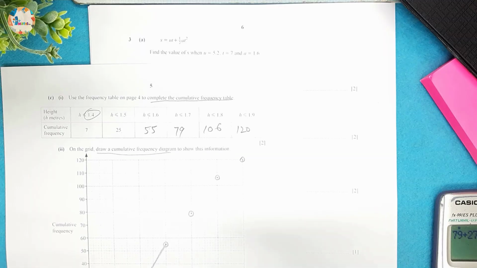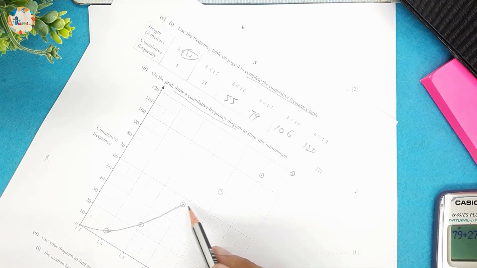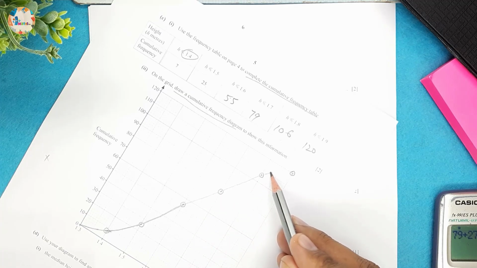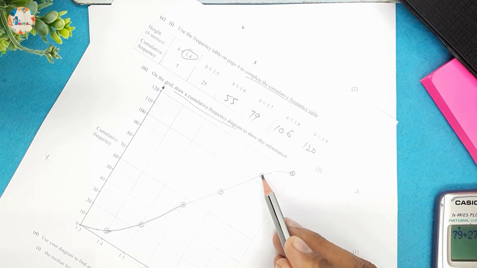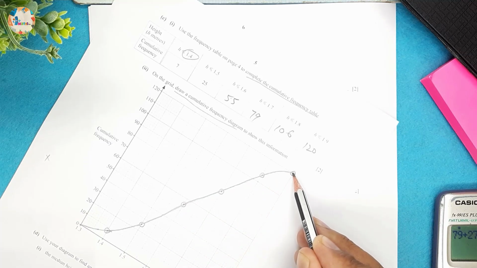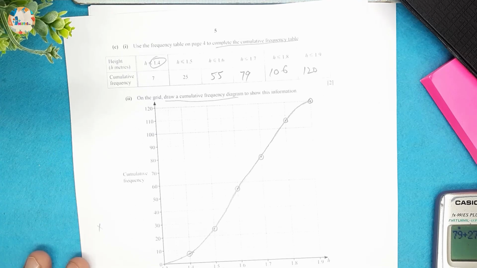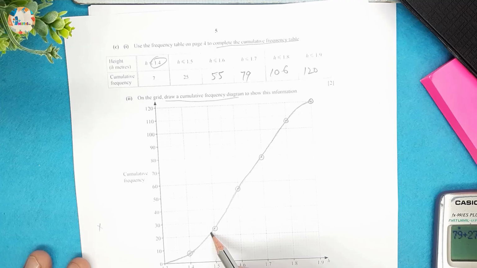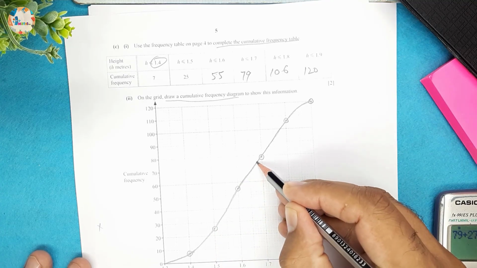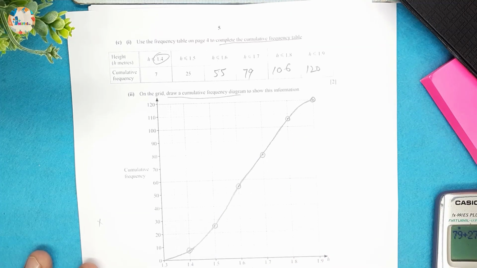And we have to rotate. You can rotate the page according to your convenience, and we will be turning like this one. So this will be the cumulative diagram which we have drawn, hopefully. So you will have to practice drawing a smoother curve like this one. There should not be a double line, and everything should be fine.